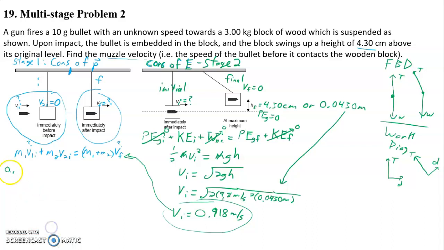Let me switch back to my other color here. 0.01 kilograms times v_1i. This is going to be 0. And then we've got 3.01 kilograms times 0.918 meters per second. And we solve, do a little algebra. All we have to do is divide by 0.01 kilograms.